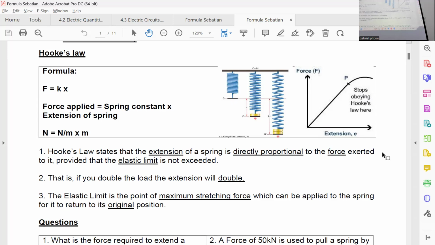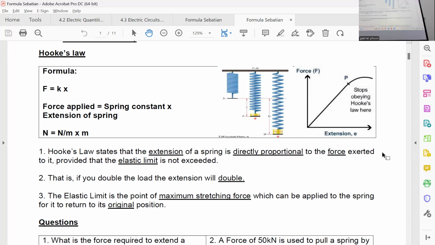Okay, so we want to make K the subject. What's the formula to make K the subject? K equals force divided by extension. Very good. So this is wrong.